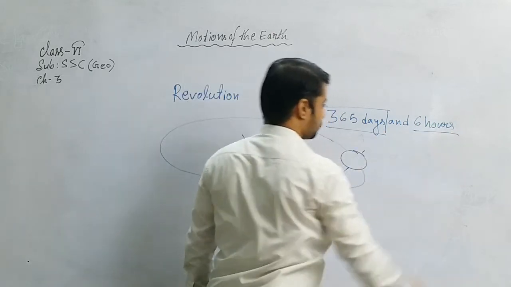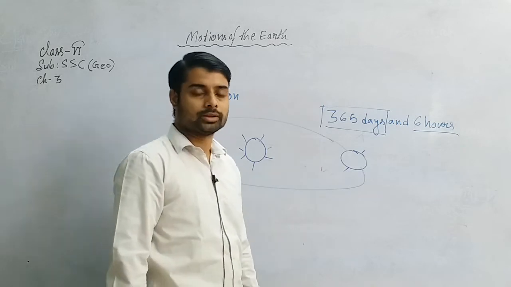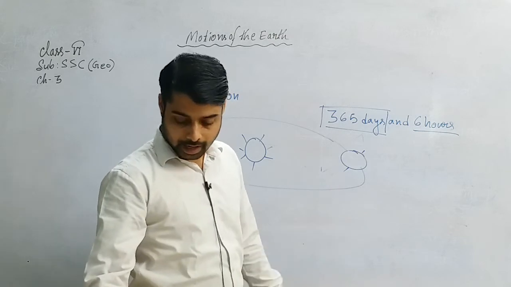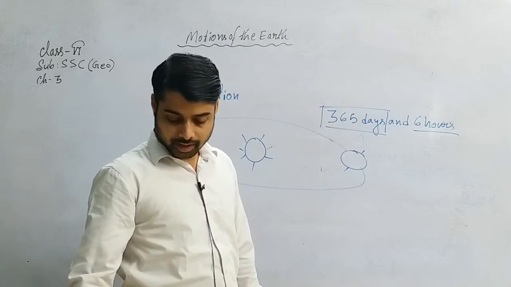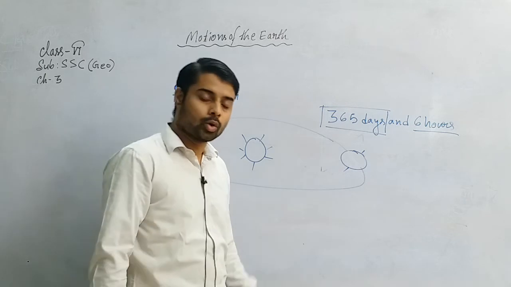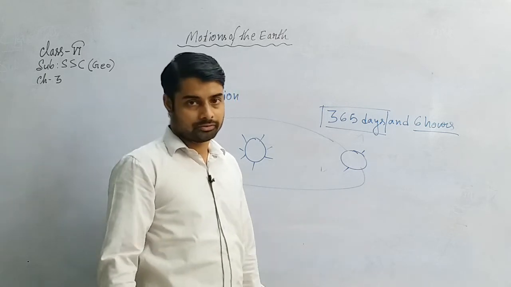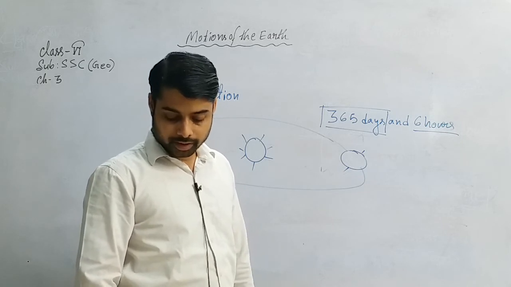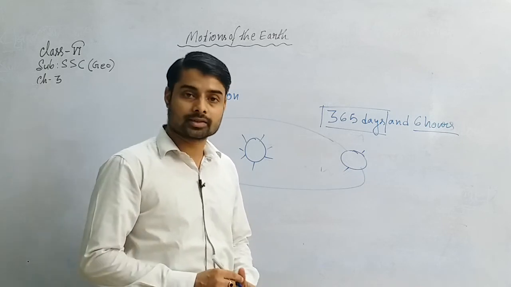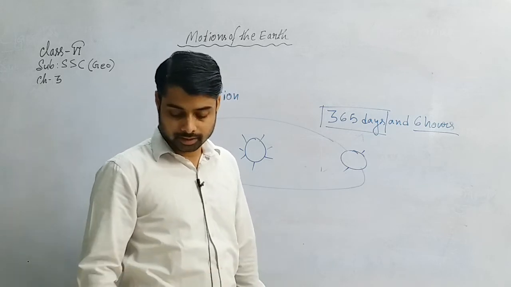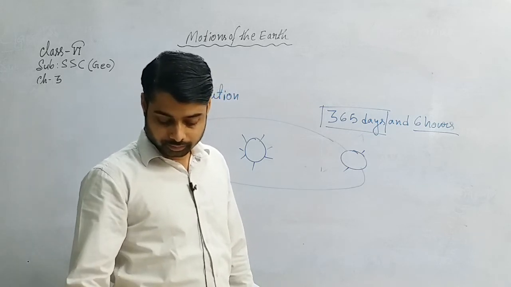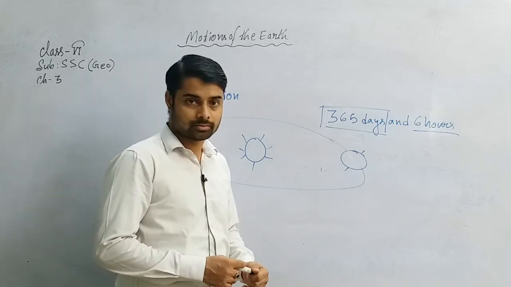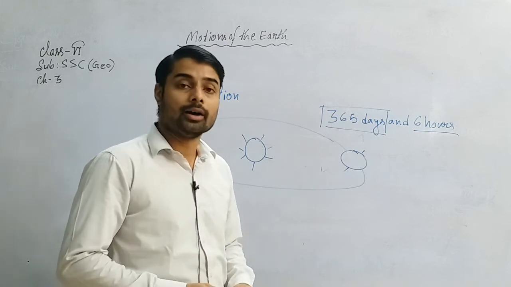These 6 hours are added up after 4 years, and this surplus day is added at the end of February, and thus every 4th year February has 29 days instead of 28 days, and such a year with 366 days is called a leap year.